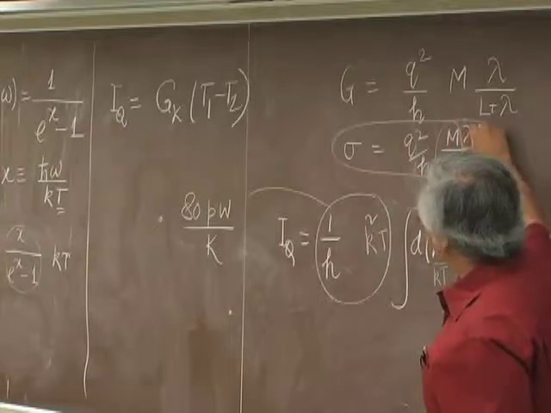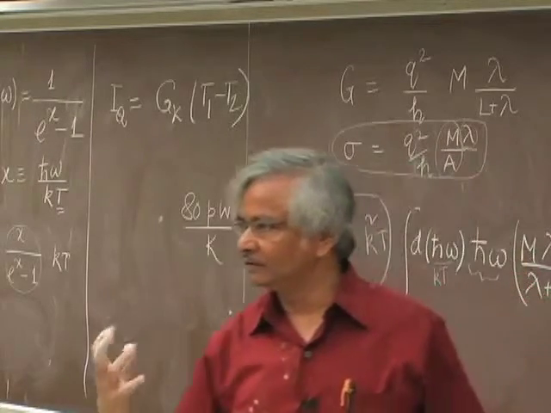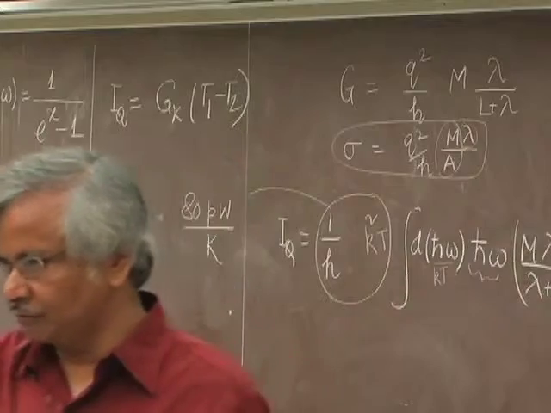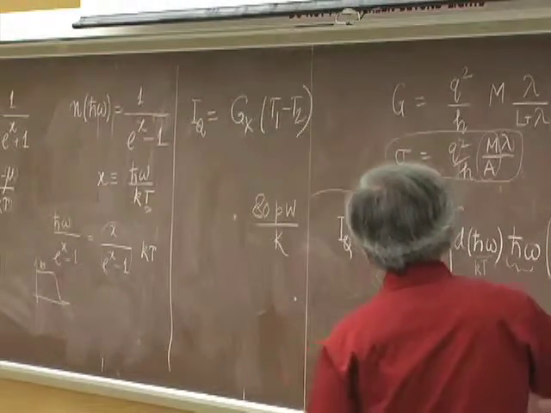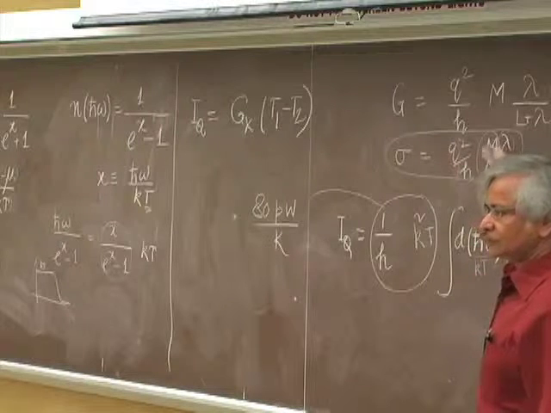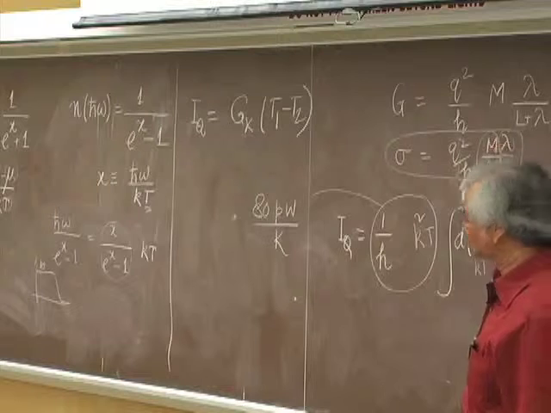And then there is the mean free path. So what determines the conductivity of something is that around the Fermi energy, this chemical potential, how many channels do you have per unit area? And then there's also the mean free path. And this is what I'd identify as a conductivity.